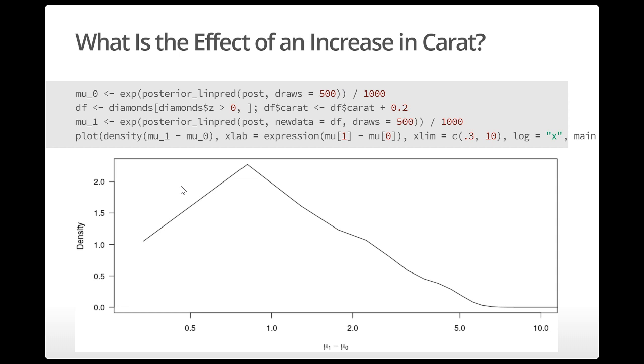Because even if you're estimating a linear model, if your outcome is in log price, then all you can say just by looking at the coefficients is this is the expected difference in log price. But that is not particularly meaningful except to economists. For most of the rest of the world, you want to explain it in terms of dollar price, and that is going to have a nonlinear relationship because you did a nonlinear transformation.